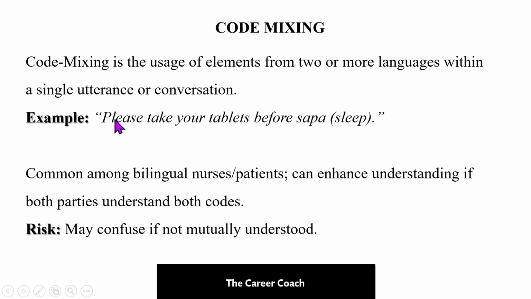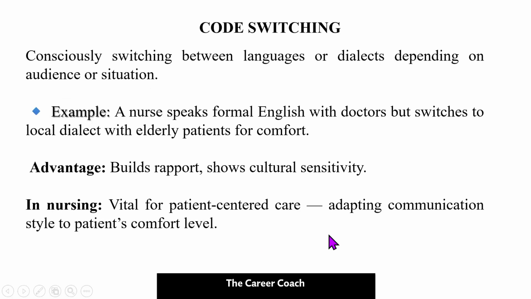So there is a mixture between normal English and the local language. This is code mixing. It is common among bilingual nurses or patients. This can enhance understanding if both parties understand both codes. But the risk here is there may be confusion if it's not mutually understood.